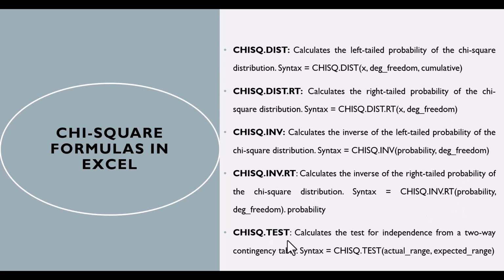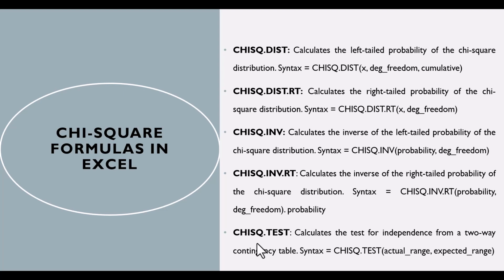This particular one is also going to give you a p-value, but it asks you to feed in the observed values and the expected values. The observed values are what is given to you, and you will have to calculate the expected values.